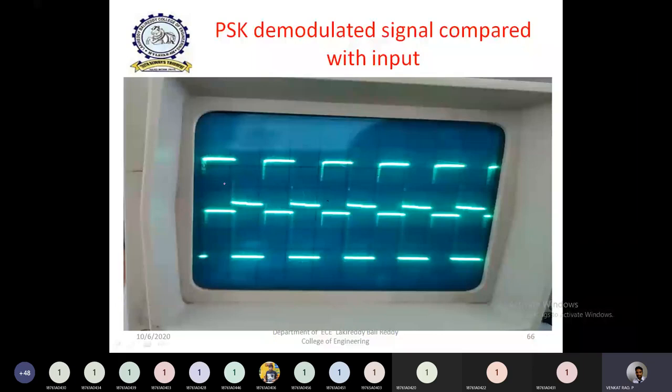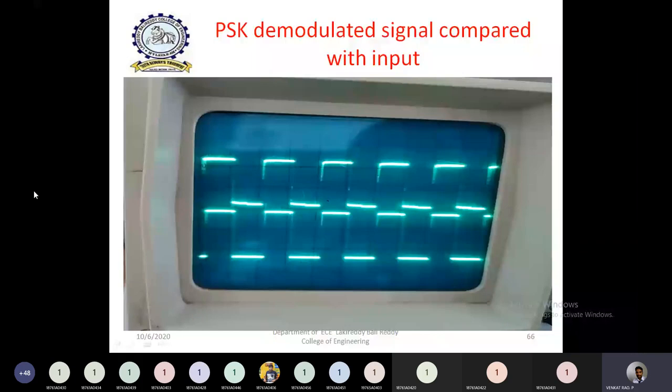There will be some distortion, some reduction of amplitude, or some other changes. There are a lot of things happening in the demodulation process. But here, there will be no changes. Exactly the same input can be demodulated at the output because we are using a digital modulation and demodulation technique.